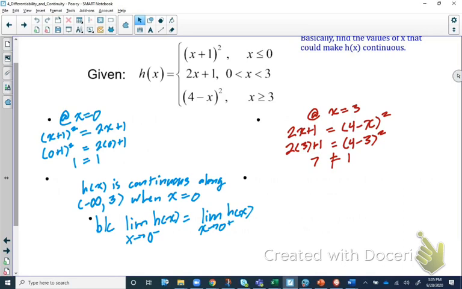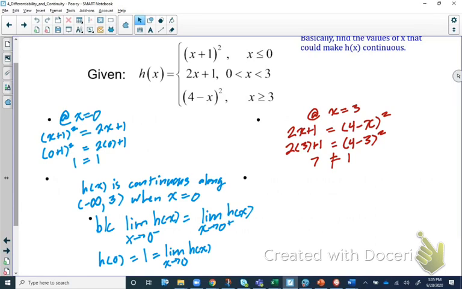Okay. So here, the next thing I want to look at, and I'm still on the left side, is what is h of 0? H of 0 in this case is going to be 1, and that equals the limit of the function as you approach 0 from the left or the right hand side.